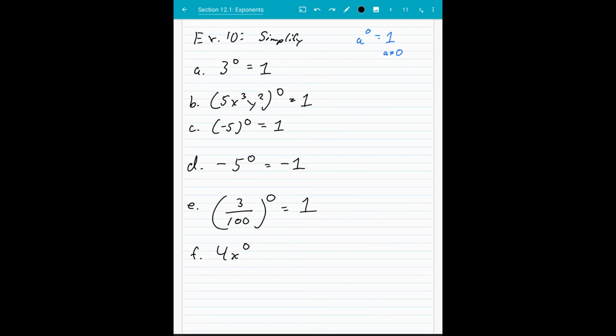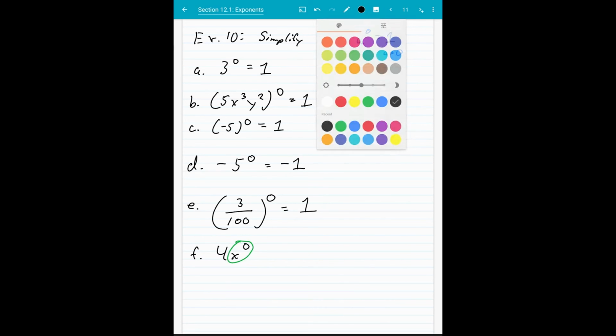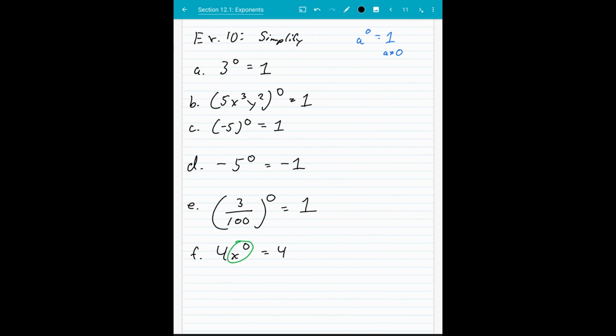Not all of it's in parentheses. Only this part right here is raised to 0 power. So x to the 0 power makes 1. The 4 stays on the outside. Only the x to the 0 power was raised to 0 power. 4 times 1 would then make 4.